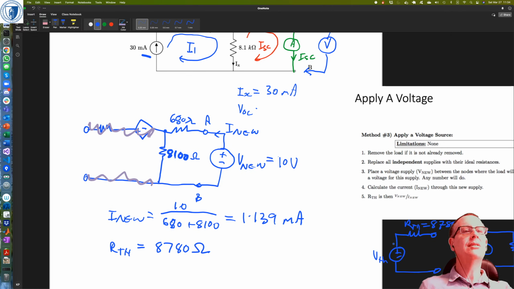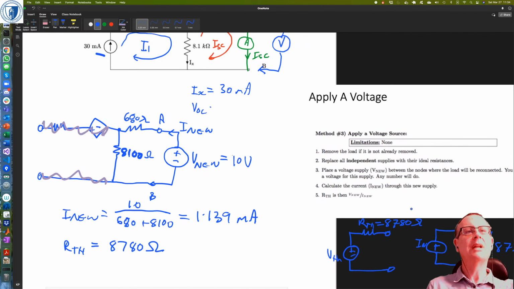There's a relationship between all of that. VTH equals In RTH, which equals In Rn.